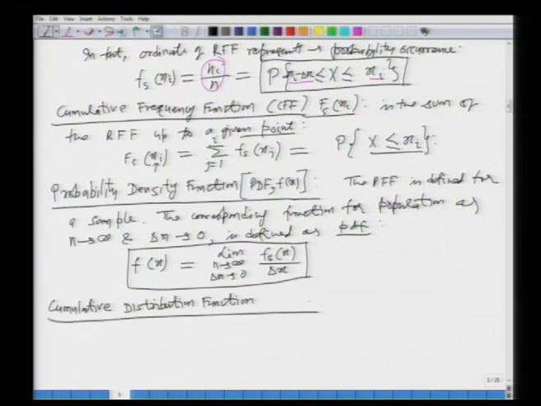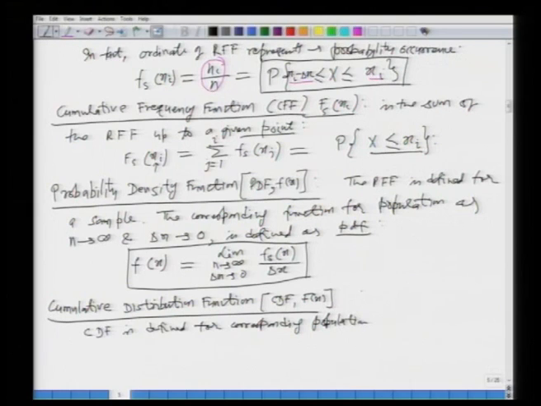What is a cumulative distribution function? It is denoted as capital F of x. The CDF is defined for the corresponding population. It is a similar concept actually.